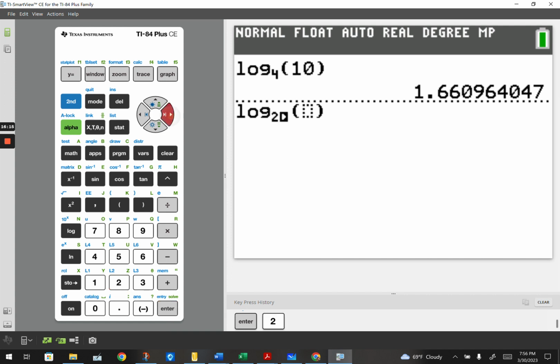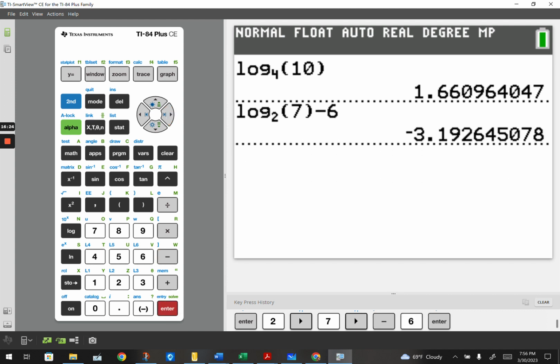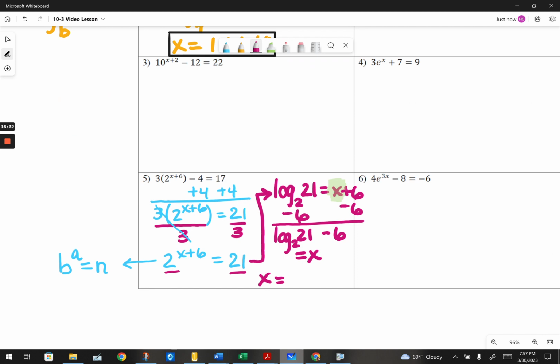And then I need to subtract 6 from the log base 2 of 21. And I get negative 3.19264. So rounding to the hundredths place, not hundredths, 10,000ths place actually, the 4 decimals, is negative 3.1926.